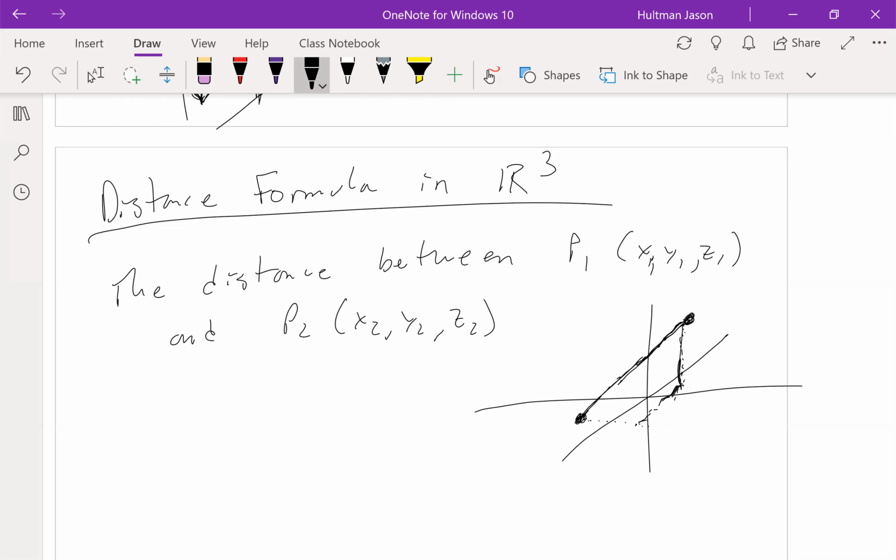So we'd have to move distance in 3 directions. It would be the difference of the x's, the difference of the y's, and the difference of the z's. It's almost like the Pythagorean theorem in 3 space, right? This would be delta x, this would be delta y, and this would be delta z.